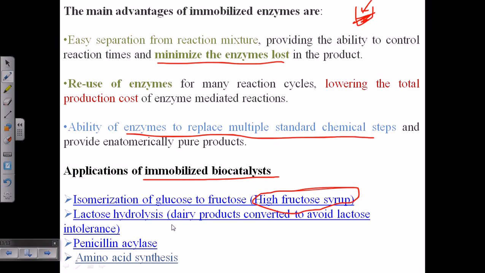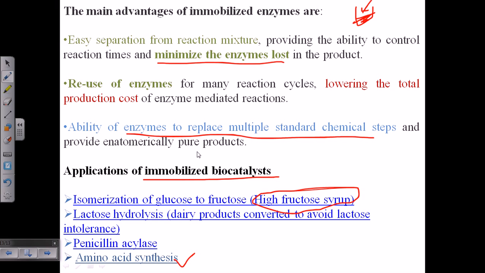We can use them in lactose hydrolysis in dairy products, because we know lactose hydrolysis can be utilized to produce various kinds of products which serve us in many ways. So we can utilize this enzyme biocatalyst or entrapped biocatalyst in lactose hydrolysis reactions in dairy products. We can also use it with penicillin acylase, and in various kinds of amino acid synthesis we use this type of immobilized enzymes.